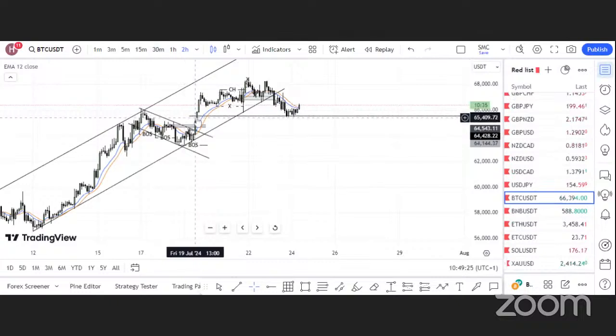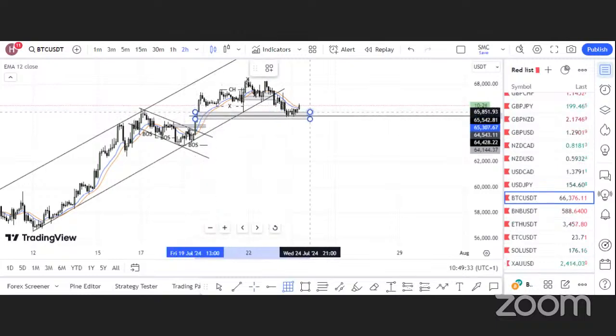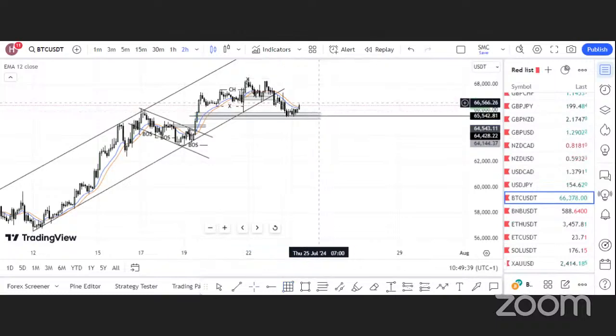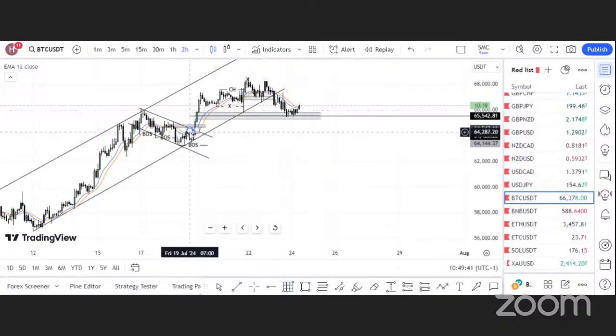The reason for this is we have a fair value gap around this level. We have a fair value gap here, and we also have another fair value gap below.